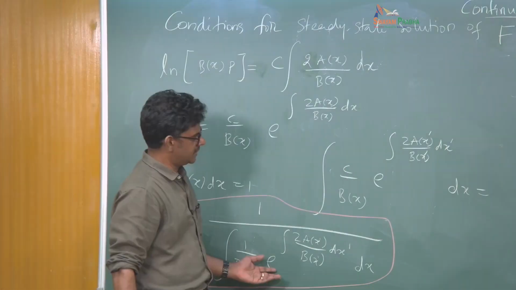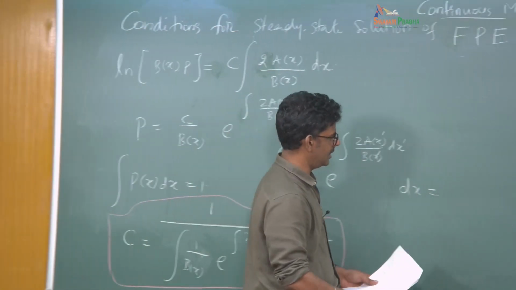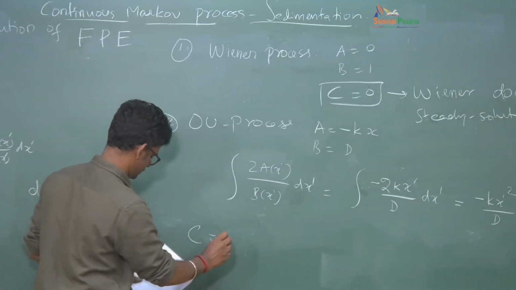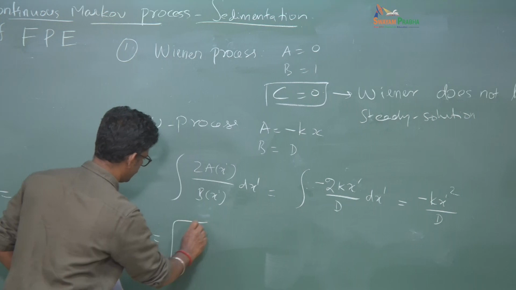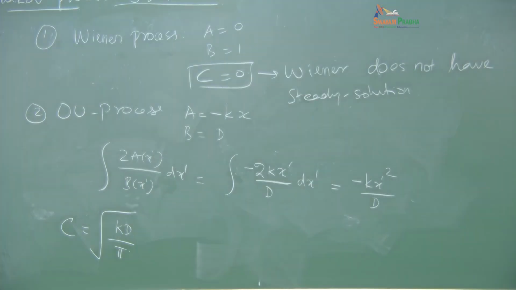So when you substitute that, e power minus kx squared by D, and then integrate this, you will get C as the square root of k by pi D. So C happens to be a finite constant in the limit 0 to infinity. It is not 0, it is not infinity, it is a finite, positive quantity.